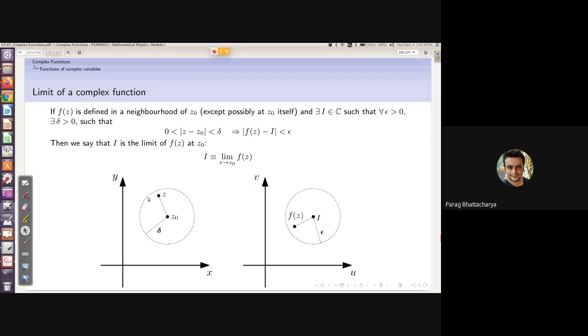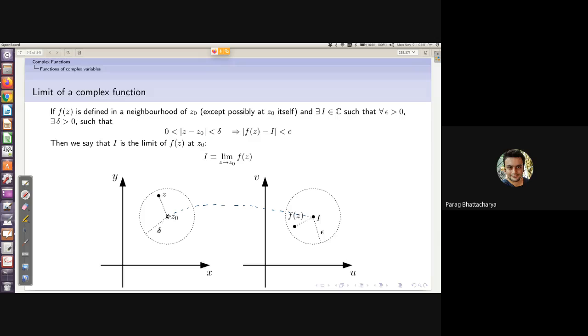So this is the graphical representation. Once again, we have two different planes: one is the xy plane, and one is the uv plane. In the xy plane, we have z naught, and just like I showed you here, this one has a correspondence with this point over here.